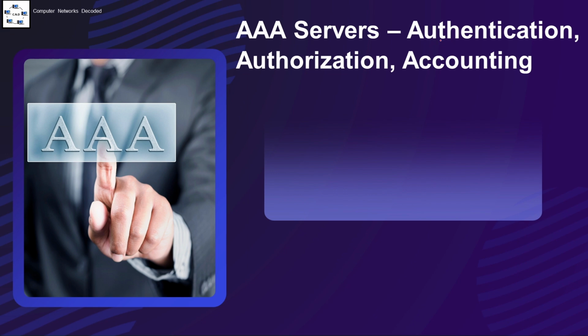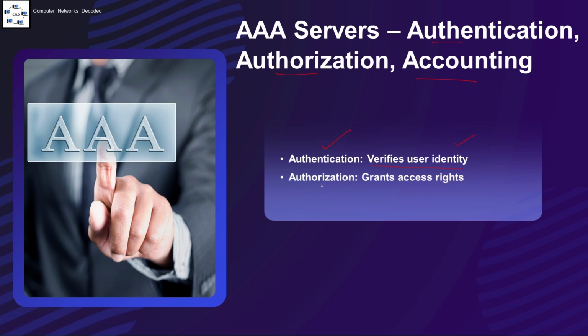AAA servers, that is authentication, authorization, and accounting. So authentication basically verifies the user identity, such as when you log in with your username and password, this is done through authentication. Authorization then grants the user access to different rights.